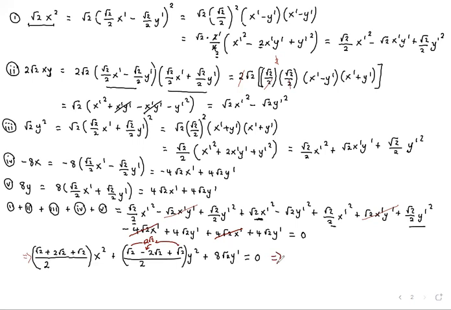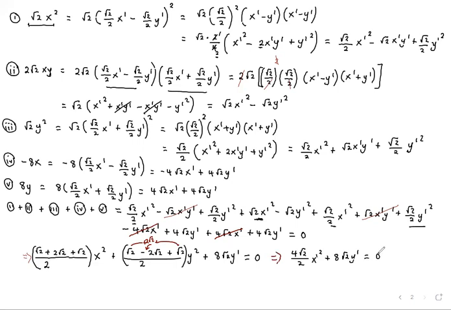The only term remaining is, if we add the first one there, we get 4 root 2 over 2 x squared plus 8 root 2 y prime. Remember, these are primes, is equal to 0.